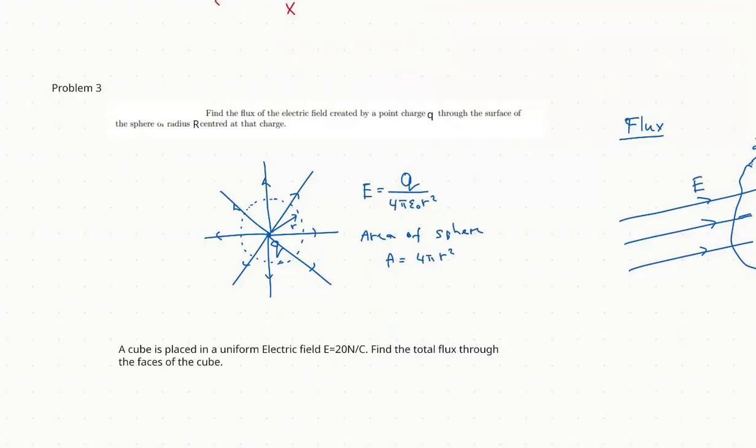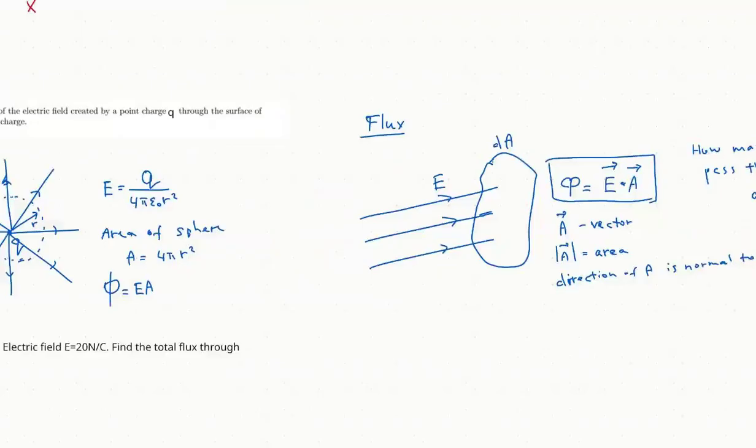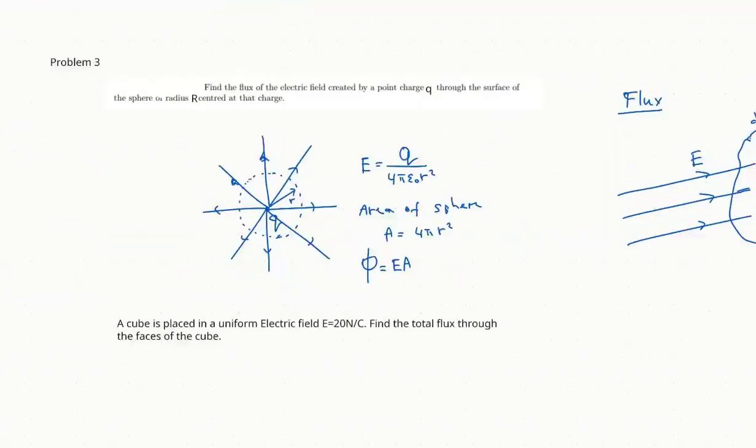So the total flux would be E times A. Now, E is perpendicular to the surface. That means it's parallel to the normal vector of the area. So they're parallel, so we don't need any angles here.